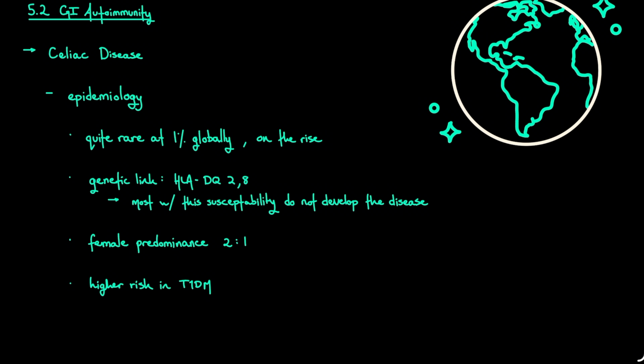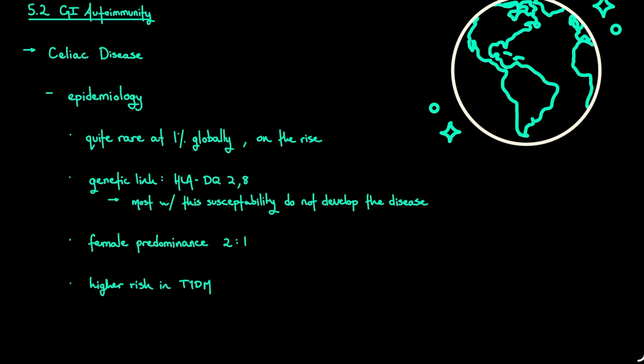I thought it was more prevalent than it was, but alas, we have the genetic link here. So again, not a smoking gun by any means, but something to note. And this is more predominant in females, 2-to-1, and a higher risk in type 1 diabetes mellitus patients.